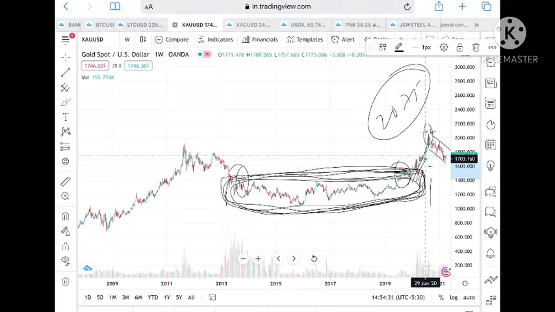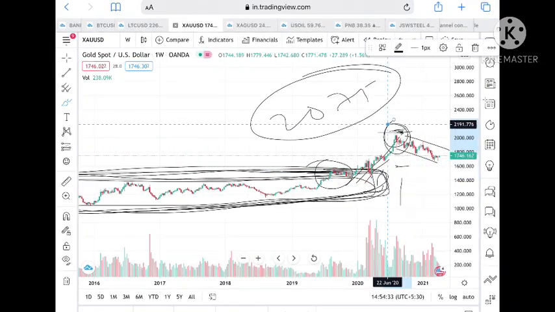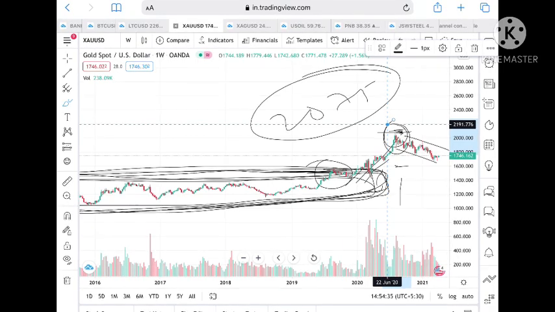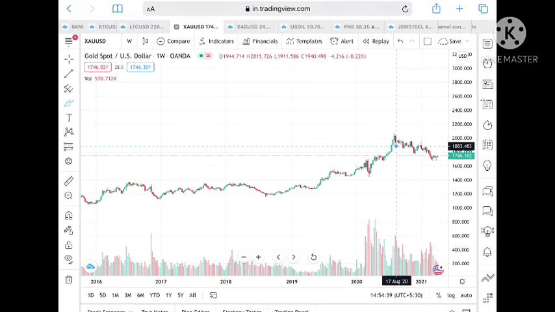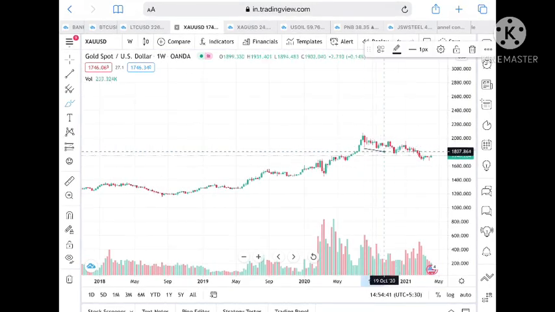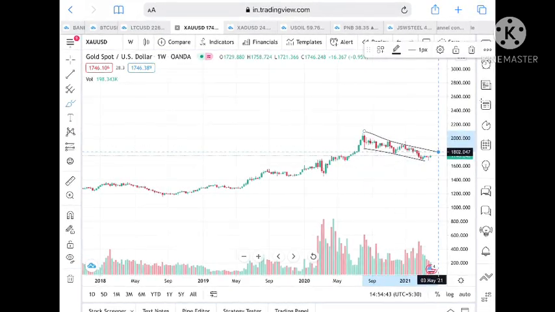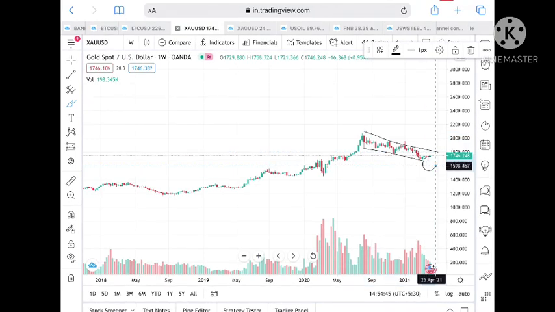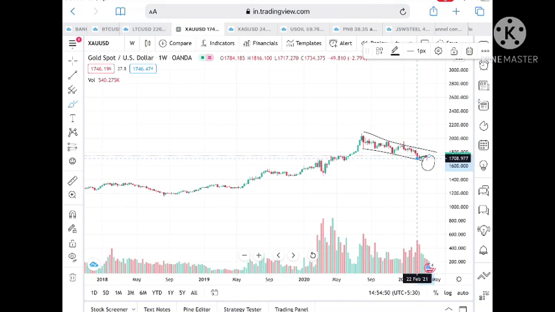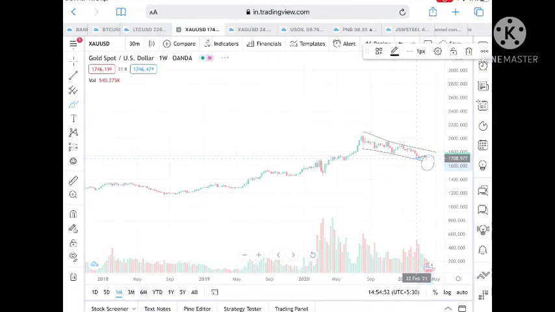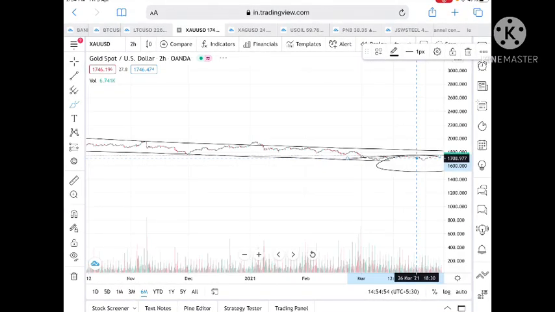Okay, and after making its all-time high, it is declining. See, look at this trend. But now what is happening? This is a 4-5 year trend. Now I'm telling you about the 1 month chart. If you look at the 6 months chart also, the overall trend is declining.